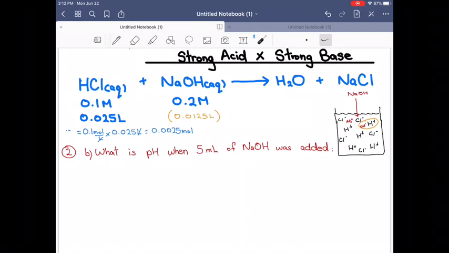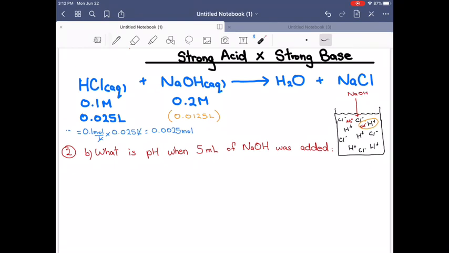Now, the question is, how are we going to figure that out? Well, first of all, we know by drawing this, one of the H plus is taken away by an OH. So we want to know how much H plus remained after 5 milliliters of NaOH was added.